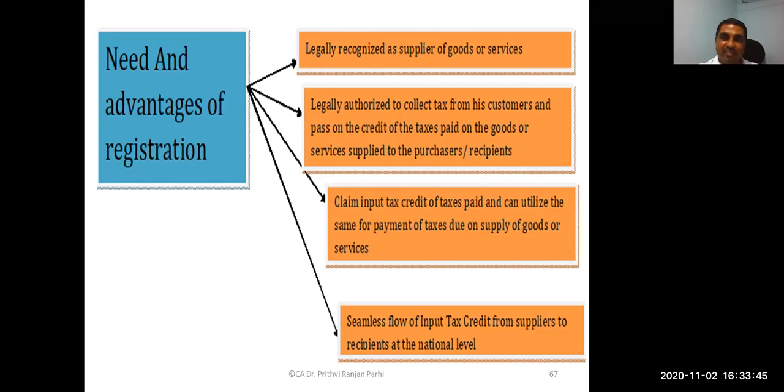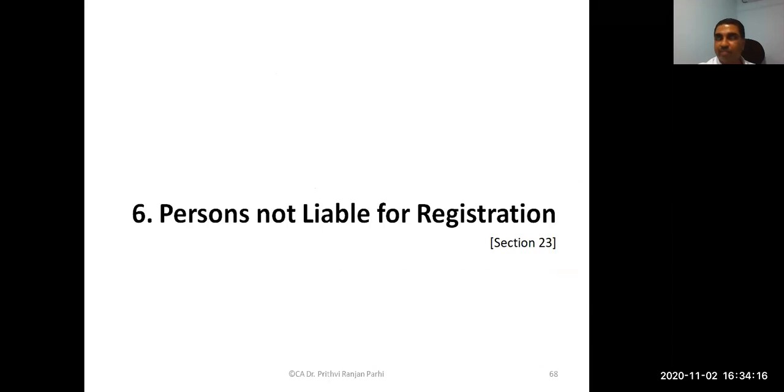You are legally eligible to collect the tax, take the credit, and pass it on to the users, who may ultimately also take the benefit. One can claim input tax credit, and through this registration process one can help in the seamless flow of input tax credit from supplier to supplier. So these are various advantages of GST registration. Because of that, many people voluntarily go for registration.